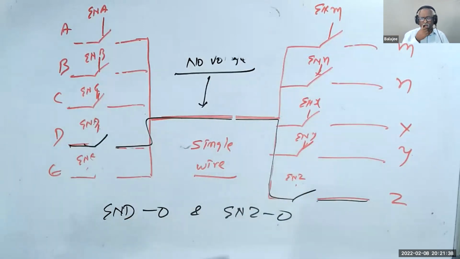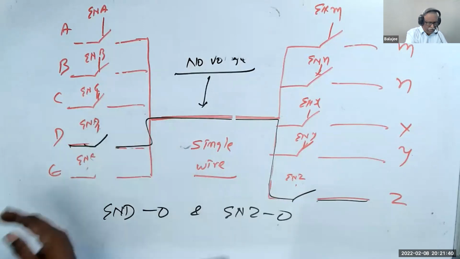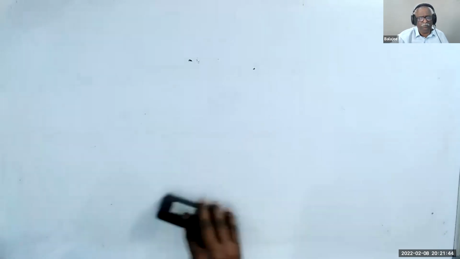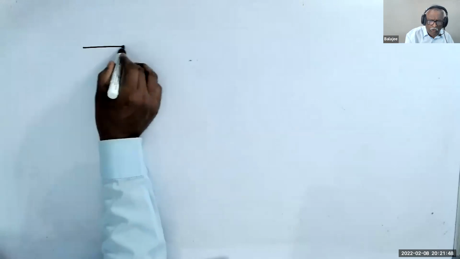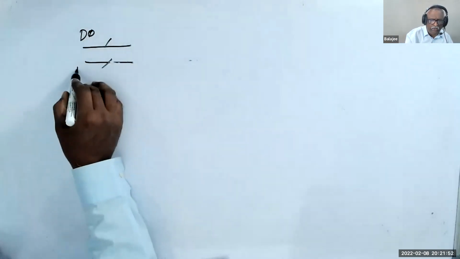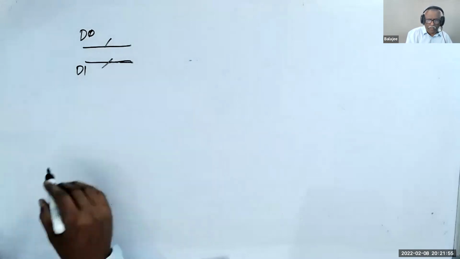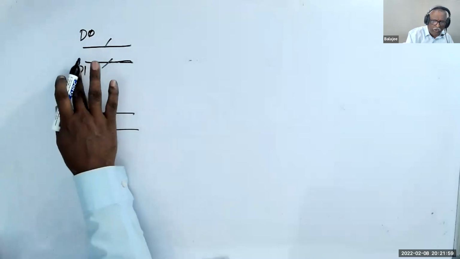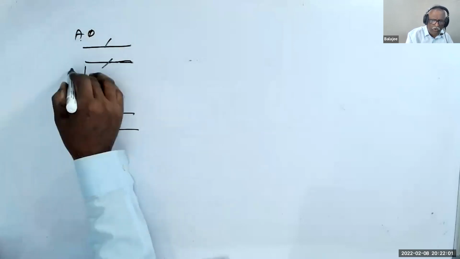But sometimes I draw it like this. This is simple. See, there's nothing to explain here. Now, I have two inputs, A0, A1.